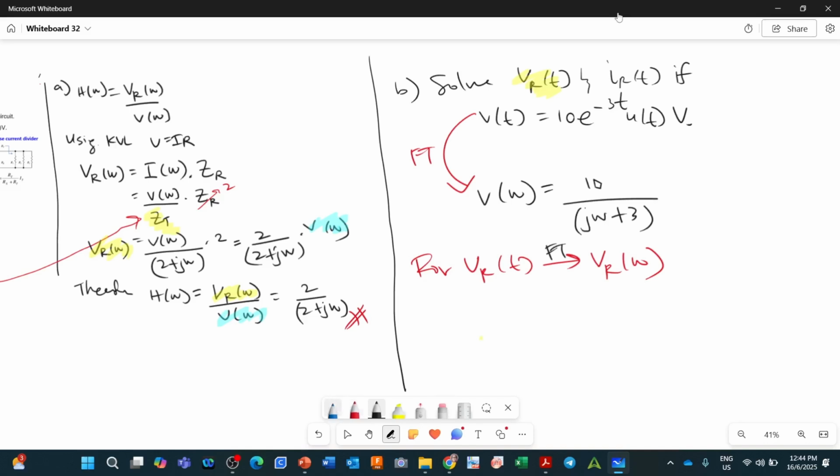Do you have the equation from the previous part A? Yes.